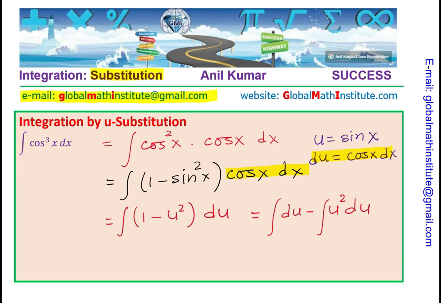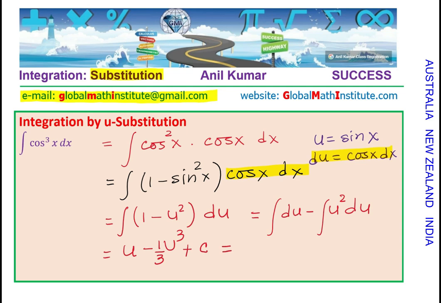So applying the properties, clearly the integral of du is just u, and that of u square du will be u cube by 3, right? You have to always write the constant c.